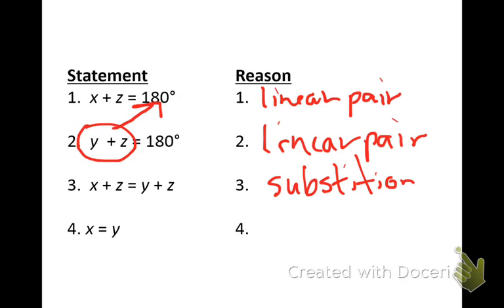Then what about x equals y? What did I do there? Well, we're proving vertical angles, so you can't use what you're proving in the proof. What are we doing when we go from 3 to 4?